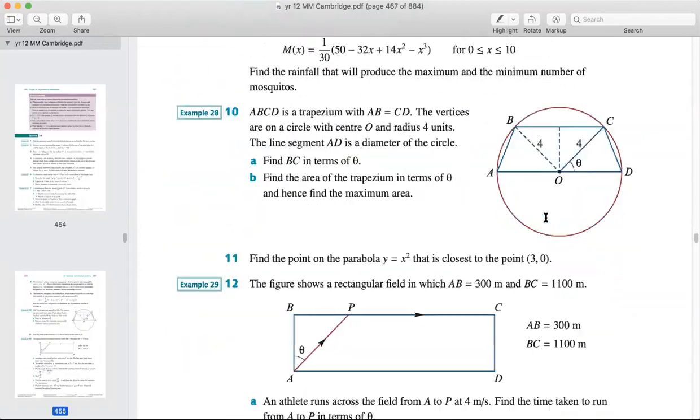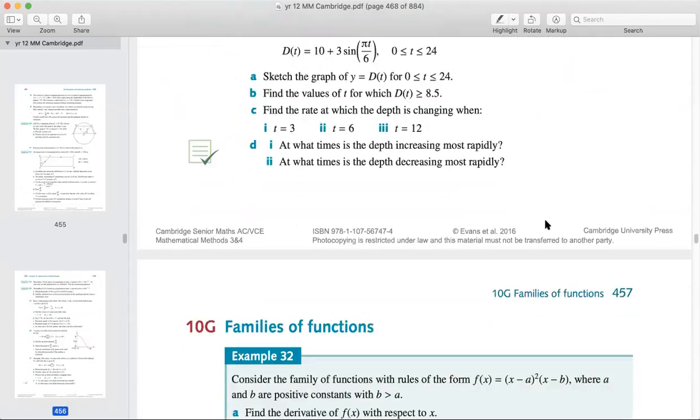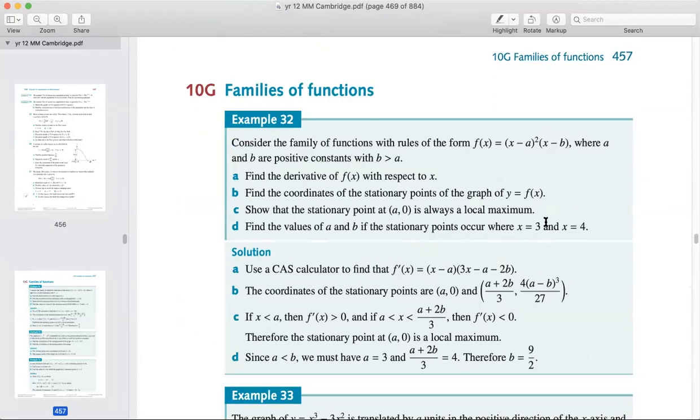This is 10F. And for 10G, it's just a family of functions. This one is basically the hardest part, because they involve unknowns, or letters we don't know, like literals, such as in this case, f(x) equals (x minus a) squared times (x minus b). We don't know anything about a and b. We just know they are positive constants and b is greater than a.